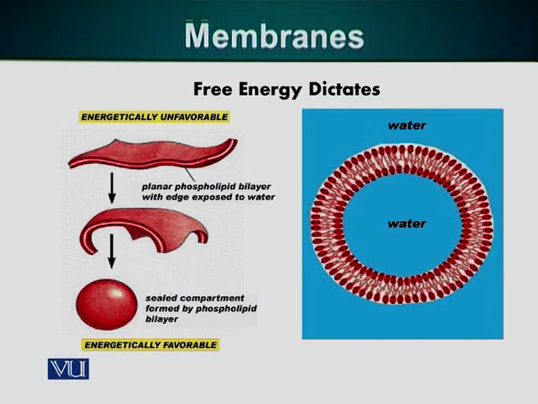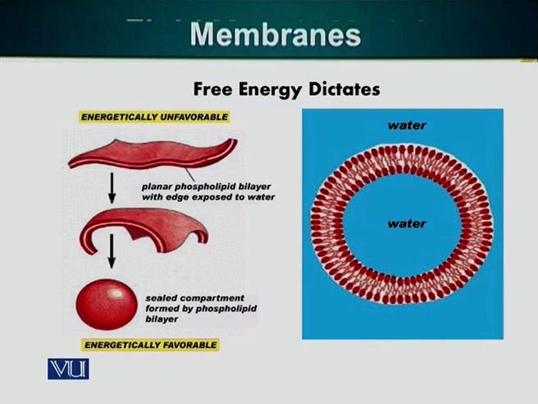One important feature I would also like to point out is that membranes are basically composed of two leaflets, an outer leaflet and an inner leaflet. Both these leaflets of these lipid membranes can have different features. Again, as I said, free energy dictates most processes, and this is no exception. Energetically, these molecules arrange themselves in a sphere so they can avoid contact with water, thereby promoting the maximum amount of hydrogen bonding. Let's look at hallmark features of these lipid bilayers.